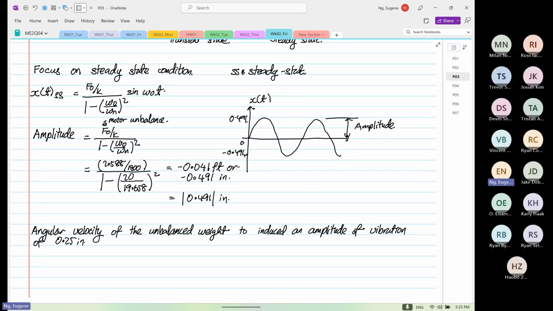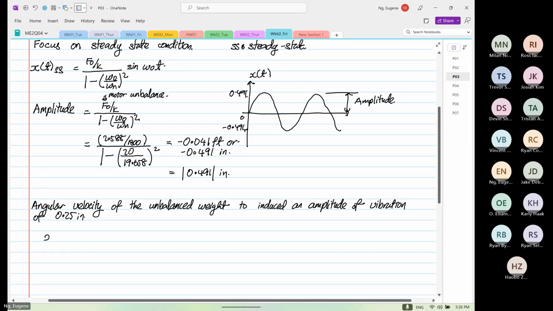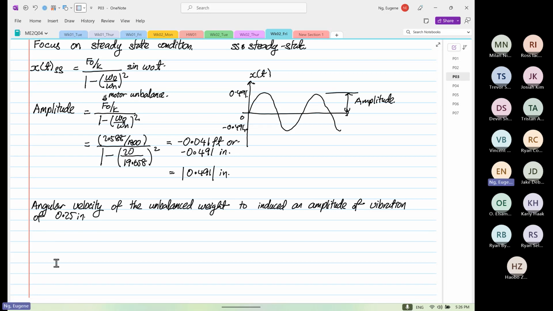So again, it's the same thing where we have, sorry, not x, amplitude, same equation, is equal to F naught over K over 1 minus omega naught over omega n squared.